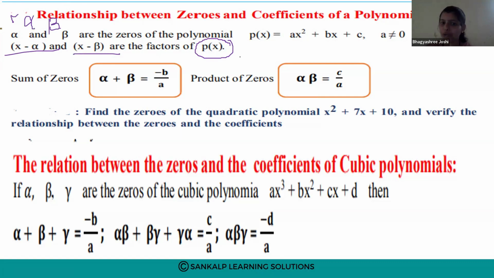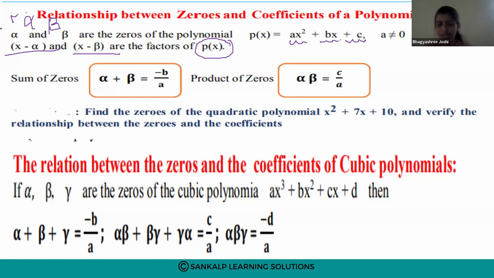Okay, now we are going to find the zeros of a quadratic polynomial, right? Which polynomial? Quadratic polynomial, that is ax square plus bx plus c. This is the standard form of a quadratic polynomial where a is not equal to 0. This is the condition, right? If a becomes 0, it becomes linear.